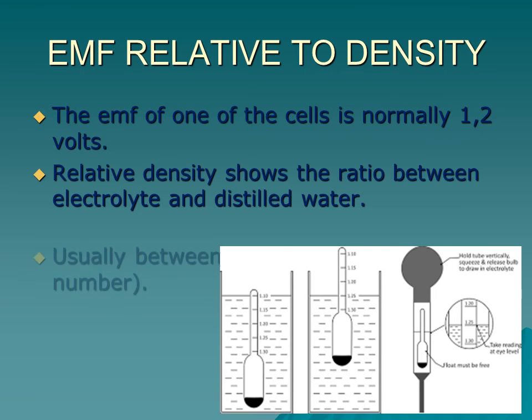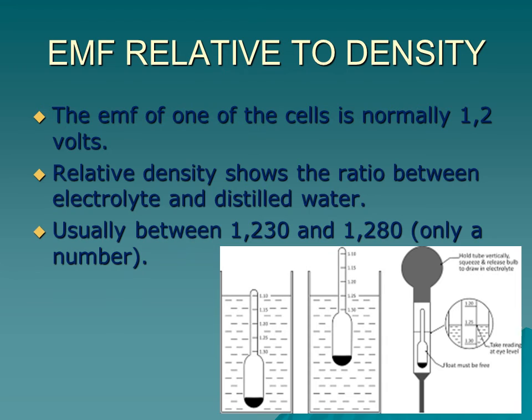This should usually be between 1,23 and 1,28 on the scale of the hydrometer. Seeing that this is a ratio, it has no unit. The hydrometer on the right hand side of this diagram indicates fully charged state.